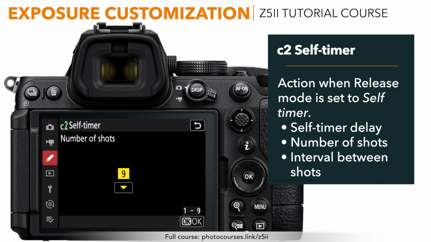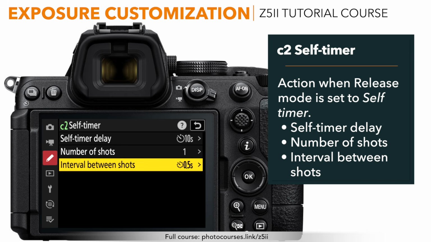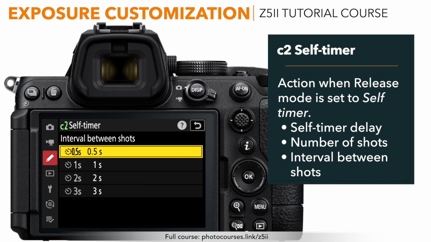And if you're doing a group portrait, higher numbers can give you more options if people are going to blink or not smile or look away, as they inevitably do. And then if you are capturing more than one photo at the end of that timer delay, you can set the interval between each one of those photos from a half a second, a whole second, 2 or 3 seconds.